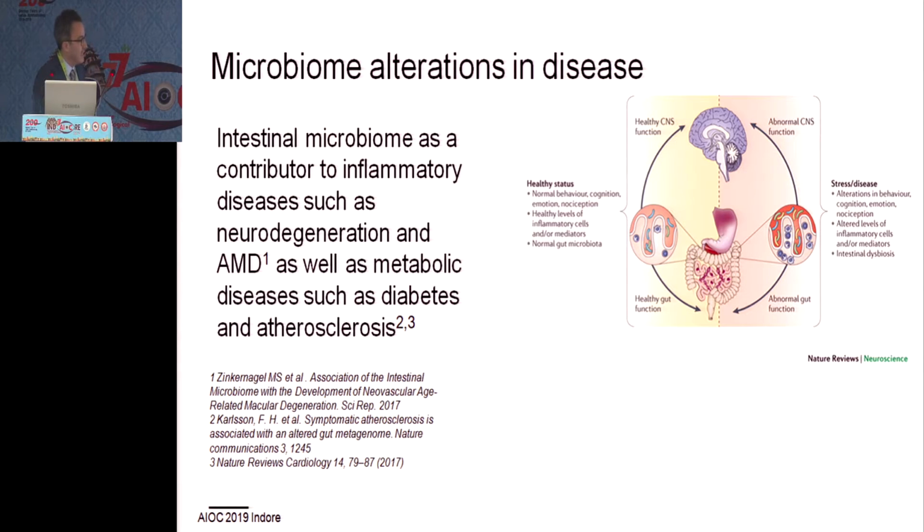What you can see here is that if you have a change in the composition of the microbes in your gut, this will lead to dysbiosis and altered levels of inflammation and inflammatory mediators, ultimately leading to diseases in the central nervous system, but also in your metabolism.